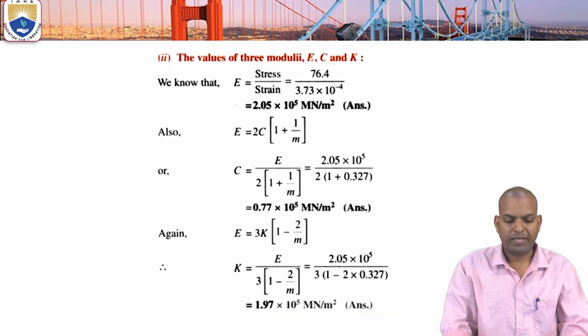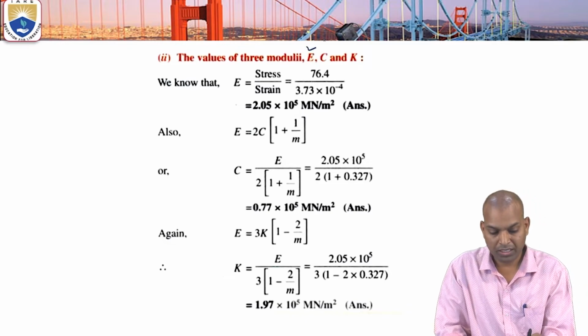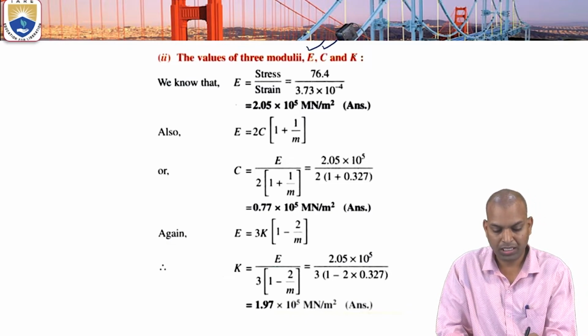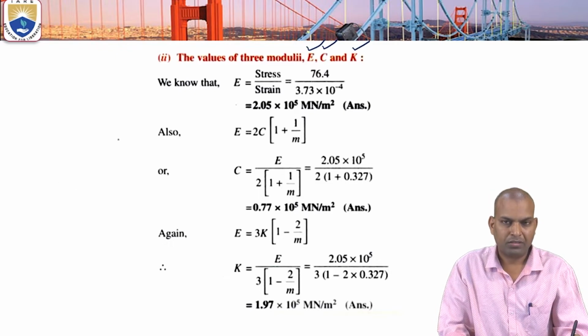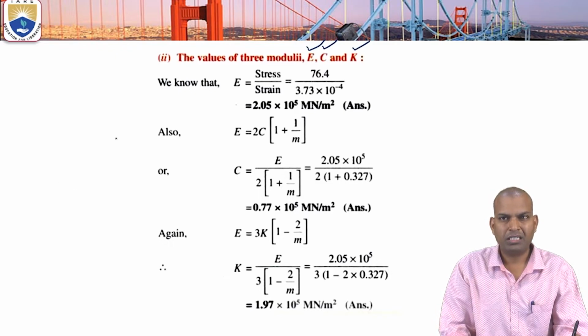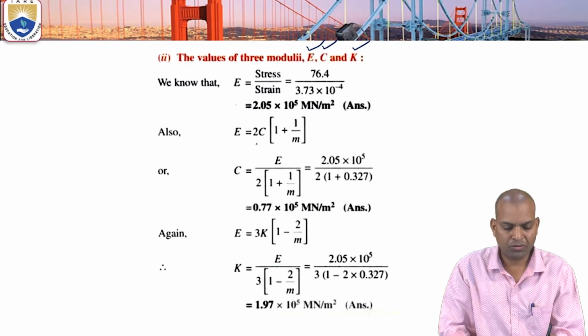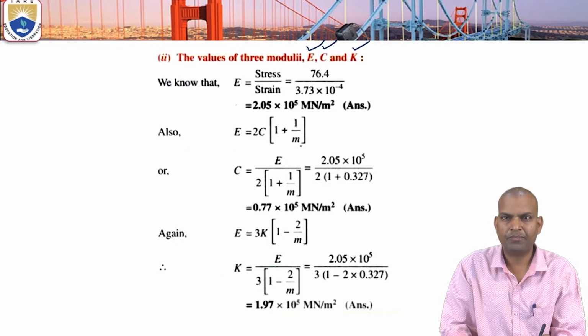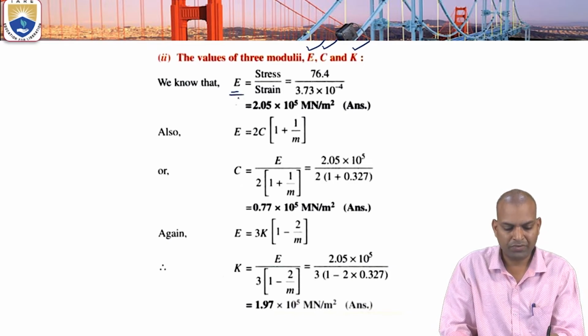Next we have to find out the three remaining elastic constants: modulus of elasticity, modulus of rigidity, and bulk modulus. The formula for the relationship between E, C and Poisson's ratio is E equal to 2C times 1 plus 1 by M. We need E. How does it come? E equal to stress by linear strain.